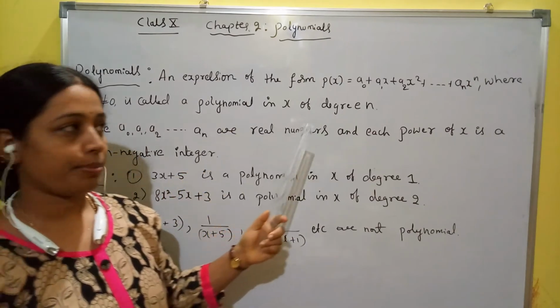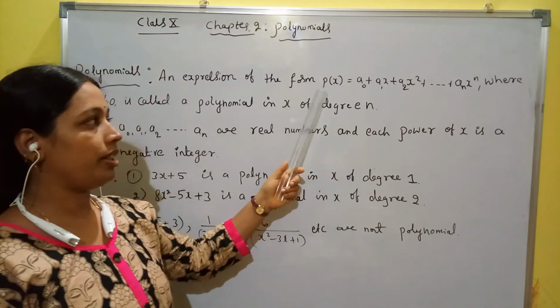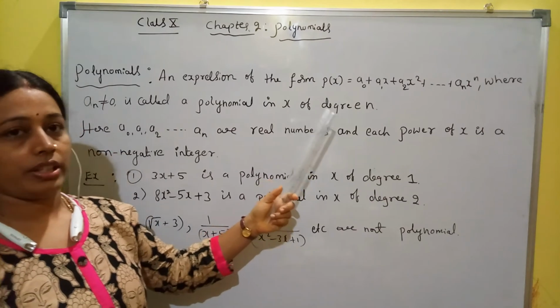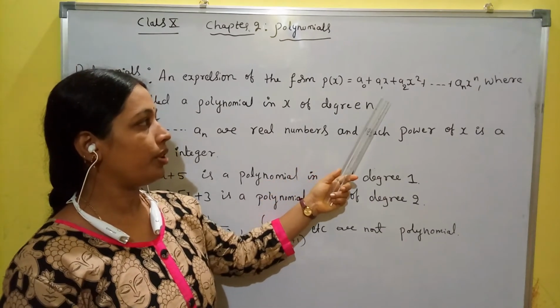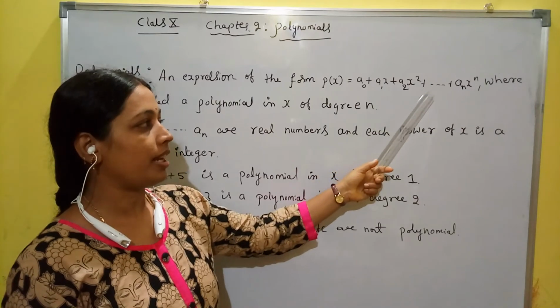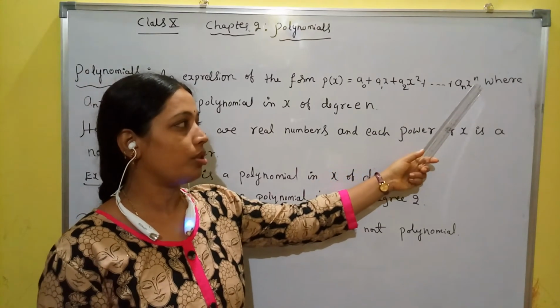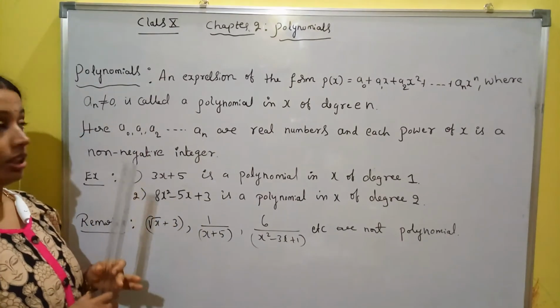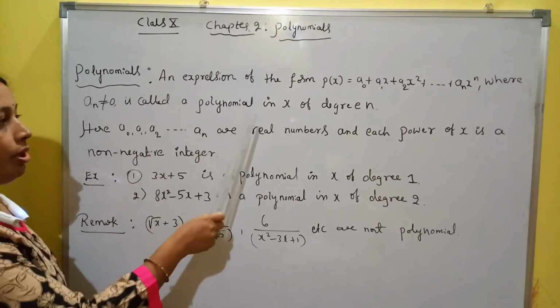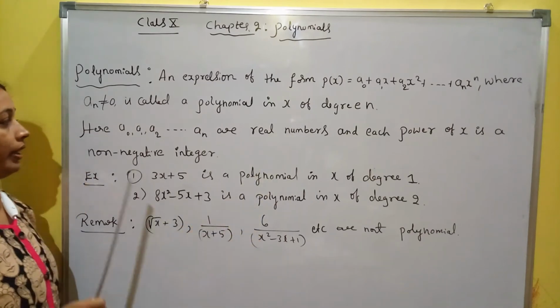If they give any expression p of x, we generally say p of x, like f of x, anything. P of x is equal to a0 plus a1 x plus a2 x square plus ... plus an x to the power n, where an does not equal 0, is called a polynomial in x of degree n.